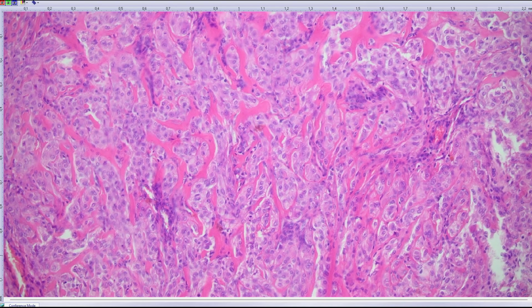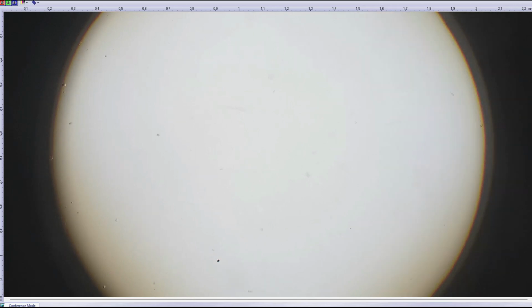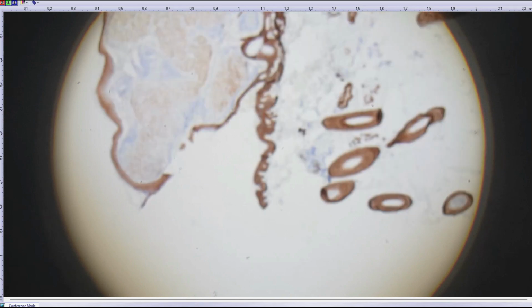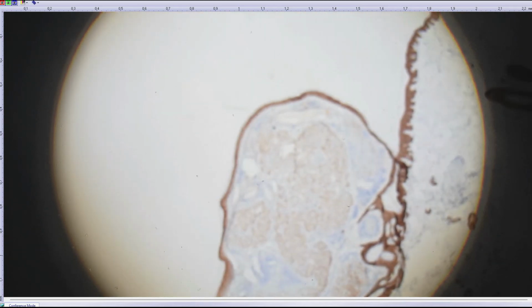And it is said that the only marker in these lesions is CD138, which is otherwise a plasma cell marker, but somehow apparently this lesion is always positive, as you see here.